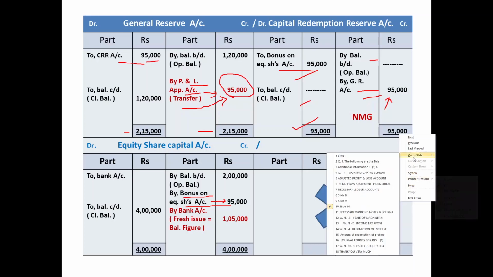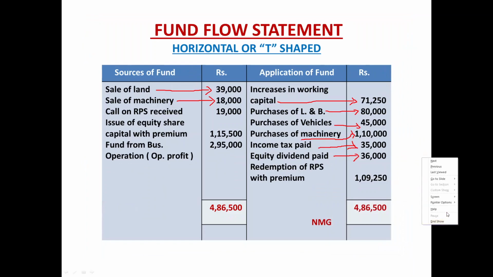Let us report it. First of all, fund flow statement, 2 items, call money and payment to shareholders. Have a look. Sources side: call on RPS received 19,000, while on the application side, redemption of RPS with premium 1,09,250.